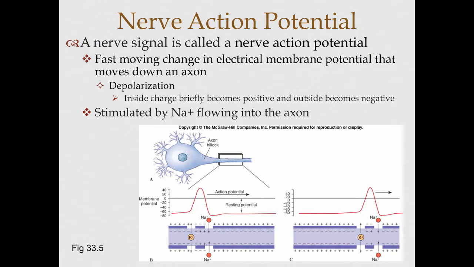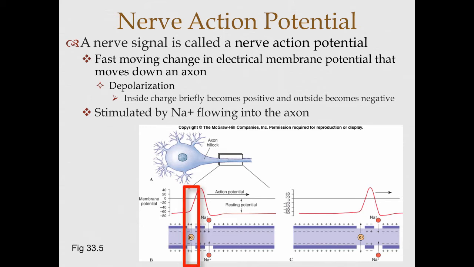Now for a signal to propagate down the length of the axon, going from the cell body down to the terminals or synaptic knobs, we first have sodium flowing through channels into the interior of the axon. That causes an immediate depolarization. So it swaps the inside from a negative charge to a positive charge. As the sodium flows into the axon, we see a subsequent change also in the potassium.